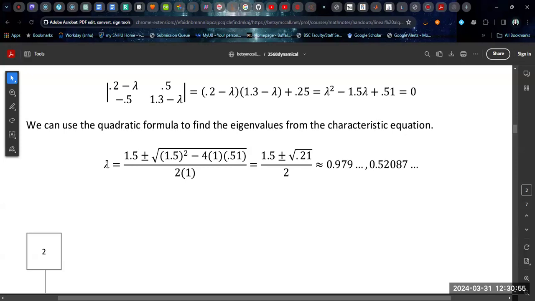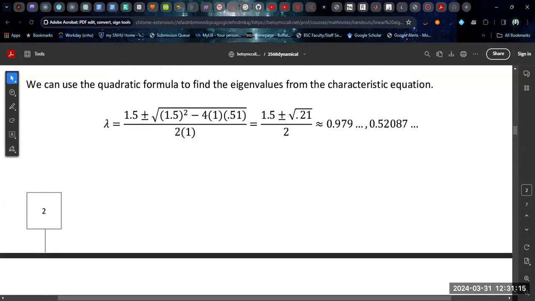And when you apply the quadratic formula to solve for lambda, we end up with two eigenvalues. One is 0.979 and the other is 0.52087 approximately. Both of them are less than 1, and that's important for understanding the long-term behavior.